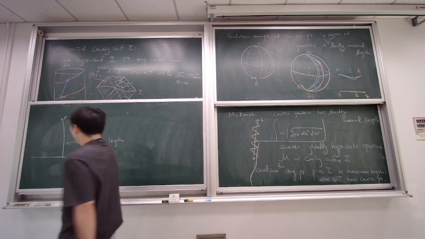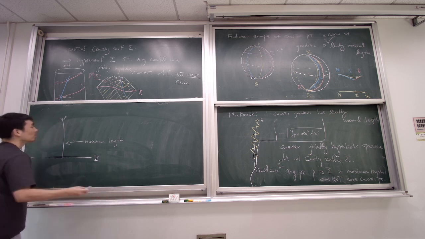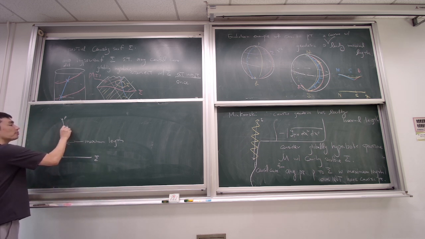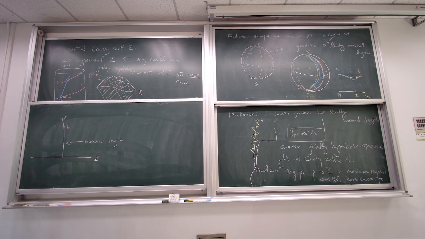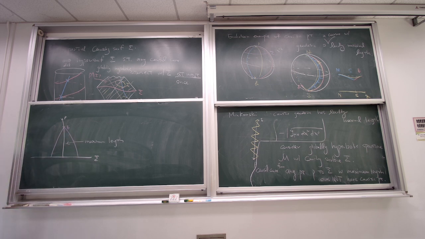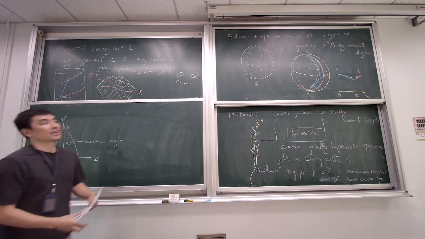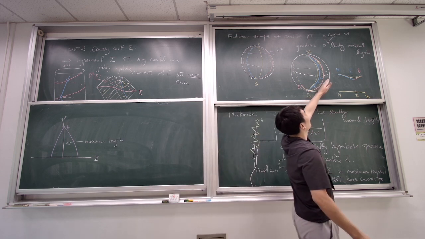But suppose you have a focal point Q in the middle. Then you can approximate the geodesic this way, from red to blue.